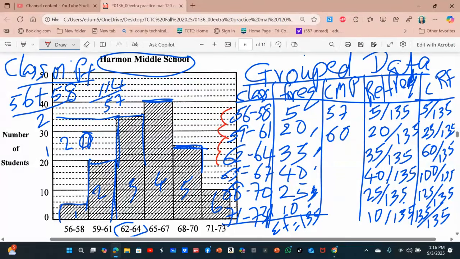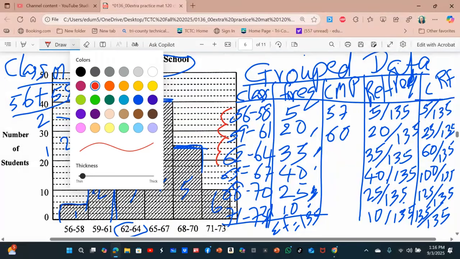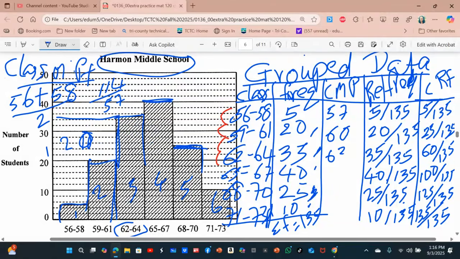So note that the class midpoints differ by the class weight. So all I need to do is continue this by adding 3. I will just add the class weight to continue, because now I found out that the class weight is 3. So I can now say the next class midpoint is 63.